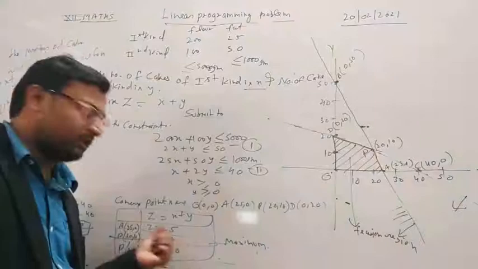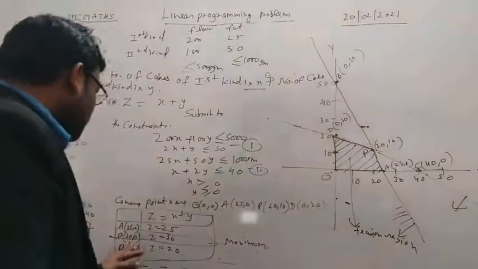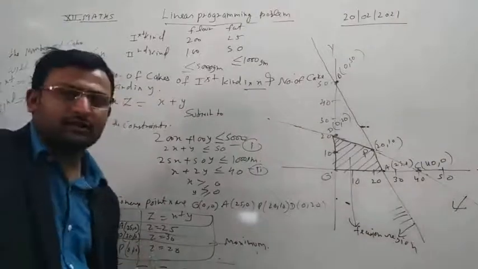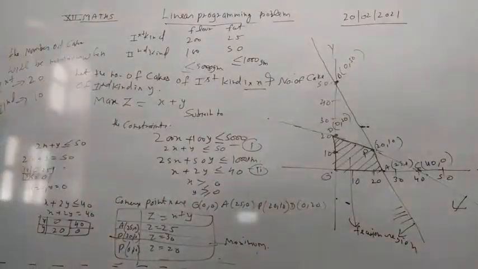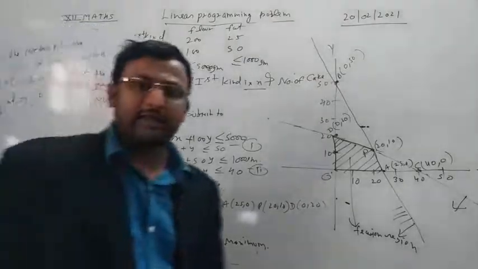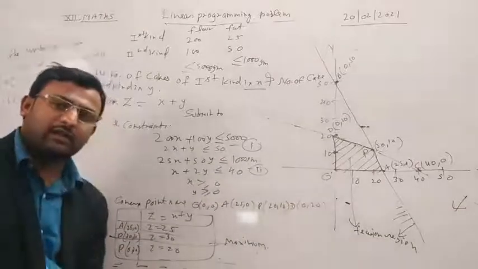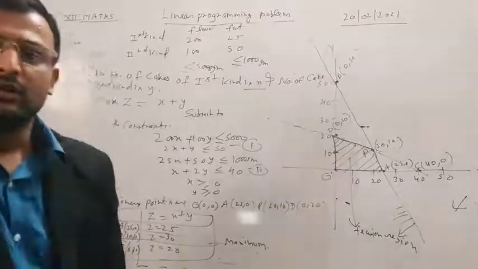So the maximum Z is 30, students, when our first kind of cake is 20 and second kind of cake is 10. So the maximum number of cakes will be formed when we make 20 cakes of the first kind and 10 of the second kind. Okay students, I hope you understand.